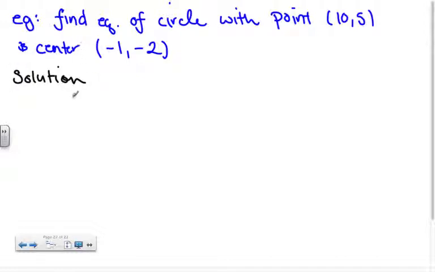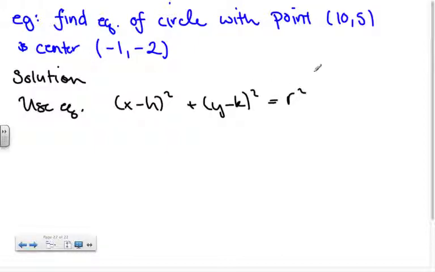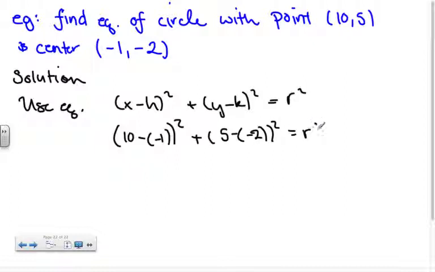So once again, we use the equation x minus h squared plus y minus k squared equals r squared. So x is 10 minus a minus 1. Be very careful when you're doing that. Remember, the equation is minus, so it's minus a minus, which will become positive. And this will become 5 minus a minus 2, squared equals r squared.